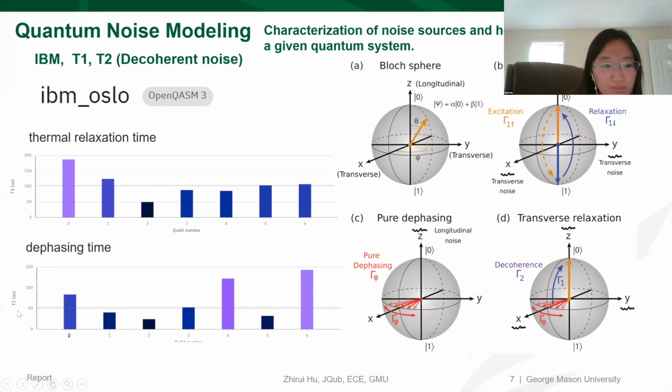The dephasing time means that if we use a Hadamard gate to put the state in a superposition, and then use a phase gate to change the phase, it will not do a perfect phase change.